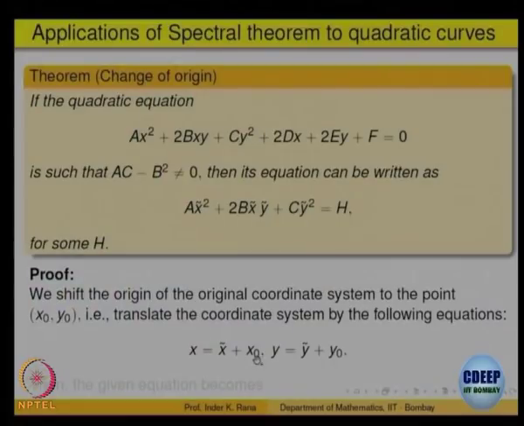So, what is the aim of doing this? That means, if I put these values in this equation, those terms which I want to make 0 should vanish, right. That is the criteria. By this substitution, I want to choose x 0, y 0 in such a way that when I put those values in the equation, the terms of xy, x and y vanish. So, let us put that condition.